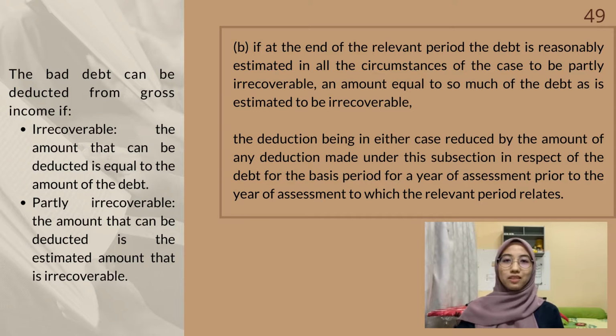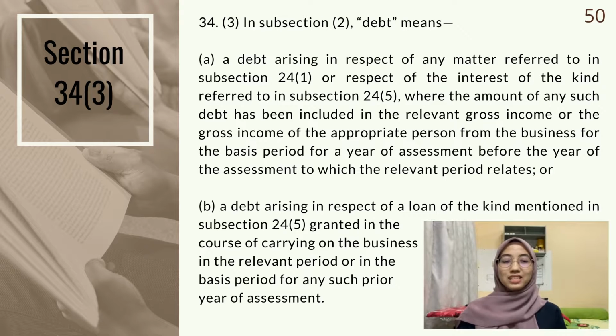For partly irrecoverable, the amount that can be deducted is the estimation of how much of the debt is irrecoverable. Next, Section 34(3) defines the bad debt related to the deduction, which states that the debt must already be included in the relevant gross income, which qualifies it to be deducted if it is not recoverable.